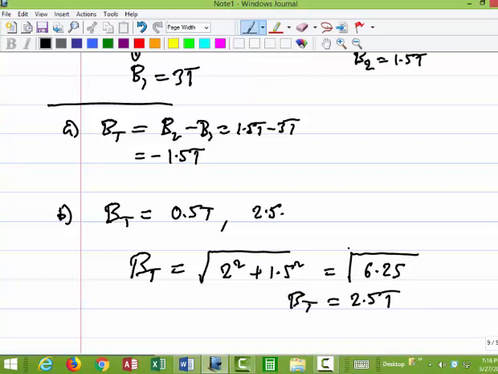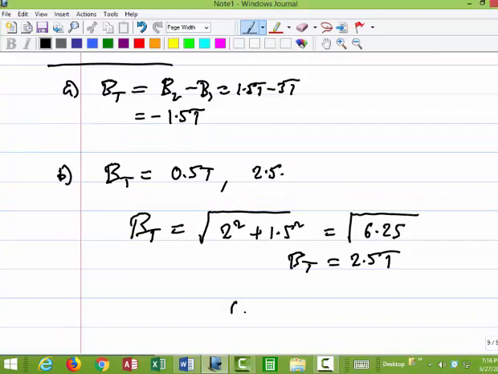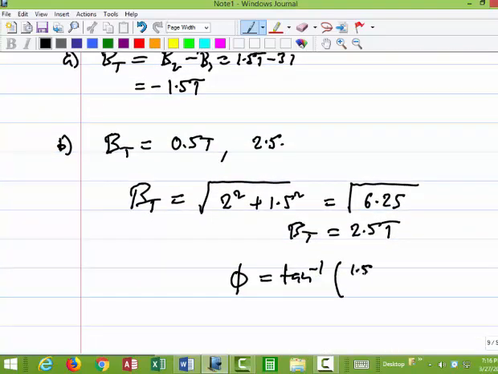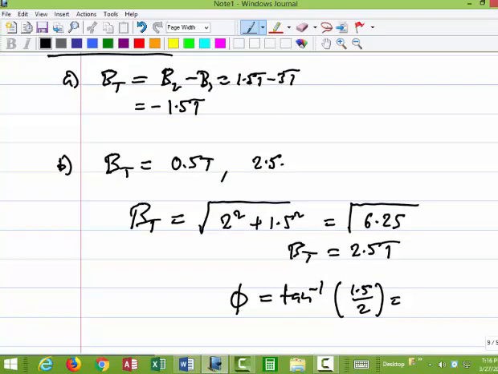What about the direction? Remember, it's a vector quantity. So let's say the direction phi is equal to tangent inverse of, and you can take the one pointing down to be the y, so 1.5 divided by 2. What does that give us? 36.5 degrees. Okay, so let's say about 37 degrees.